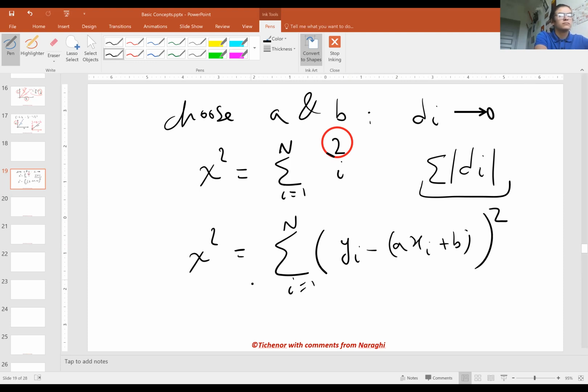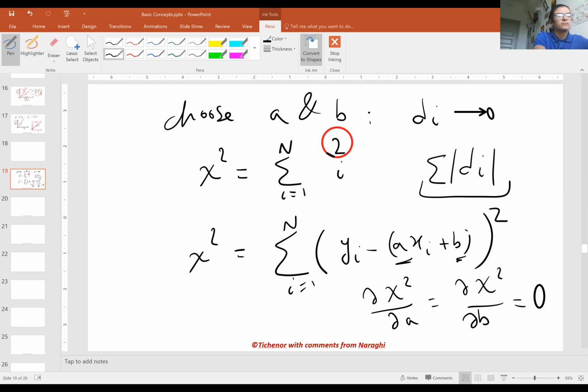And all I want to do is minimize this with respect to a and b. So I say the derivative of this with respect to a has to be equal to the derivative of this with respect to b, and it has to be 0. That gives me two functions. These are partial derivatives, two functions with respect to a and b.